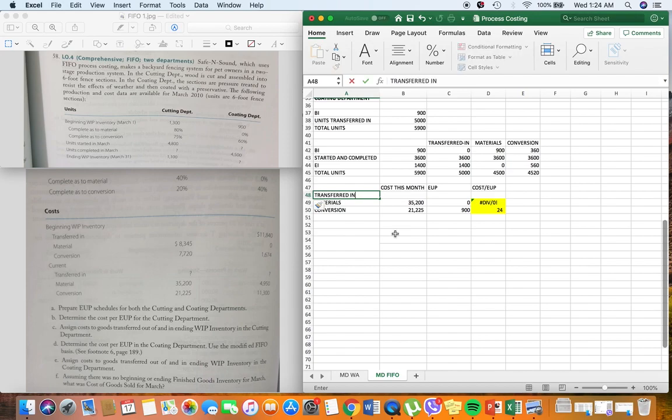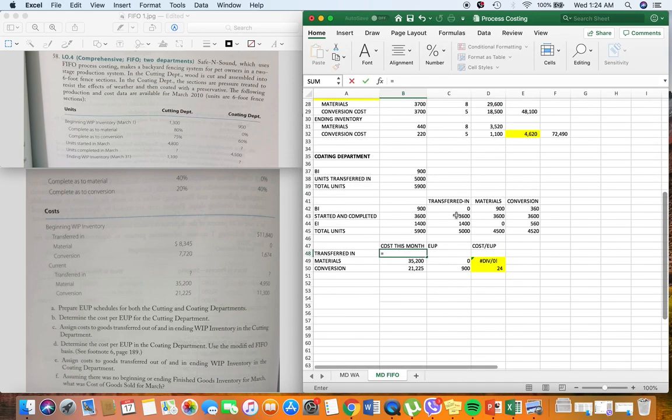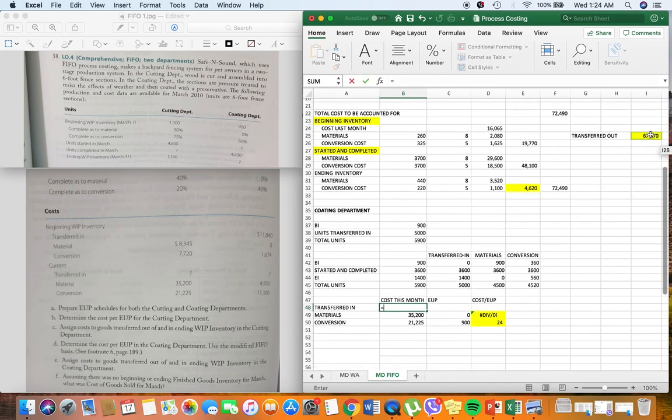Transferred in cost. So our cost this month for the transferred in units is the cost transferred out in the previous department.